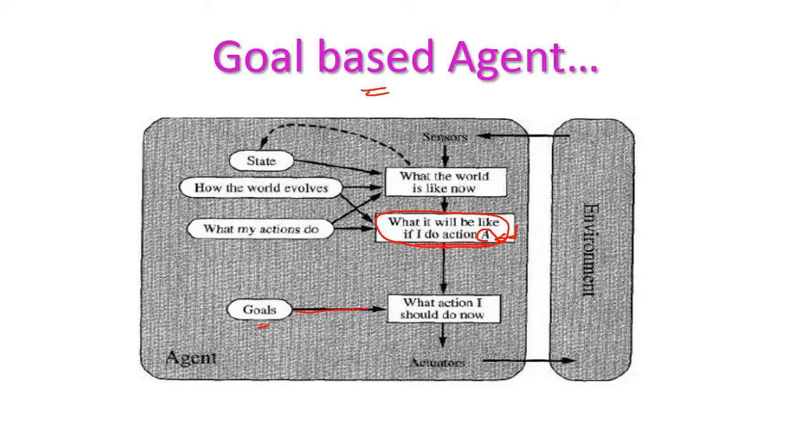Based on that only we select the corresponding action that should be performed on the environment by using the actuators. So this is called the goal based agent. In the goal based agent, after every action, the current state will be compared to the goal state whether we reach the goal or not. If not, then we need to select another action. That action should lead towards the goal.